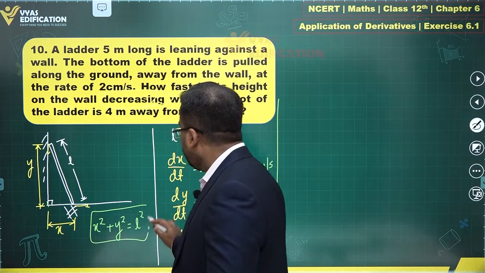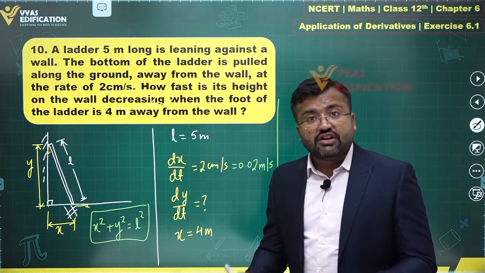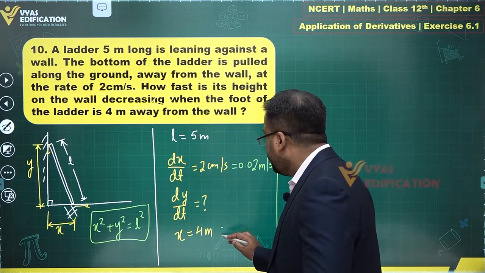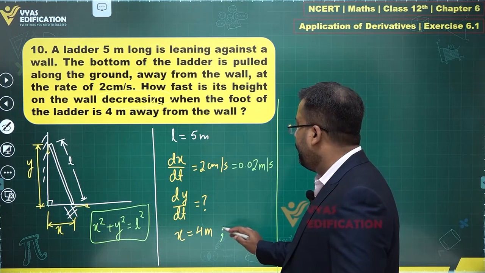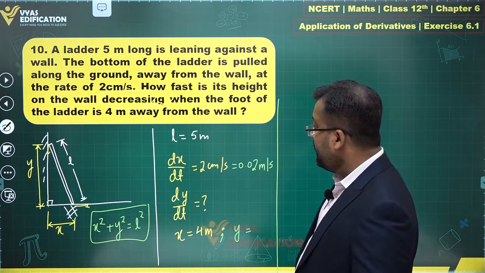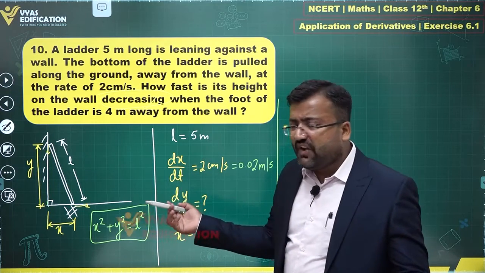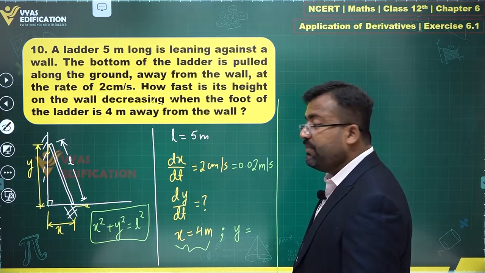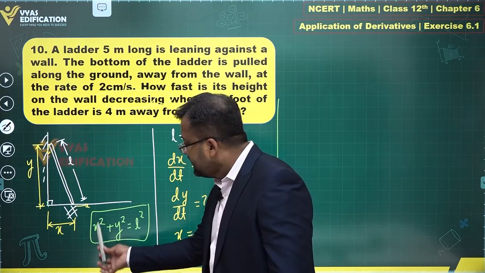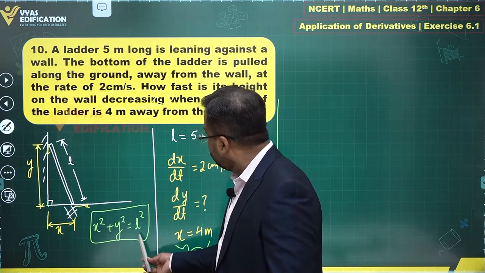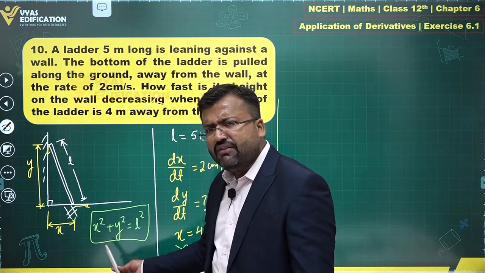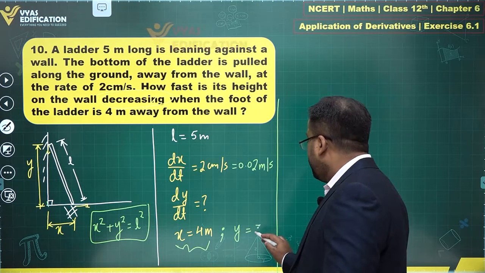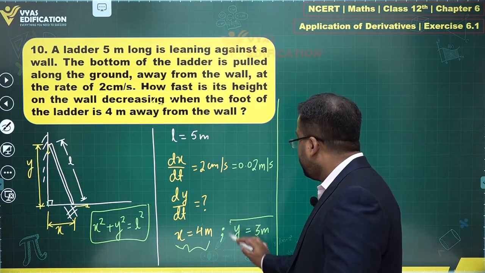Oh, this is the Pythagoras theorem. Yes, this is the Pythagoras theorem. With the help of this, I also know what y will be. L is always 5, and when x is 4 meter, 4 square is 16, y square is not known, this is 5 square, and you can very well guess that these are Pythagorean triplets, 3, 4, 5. This will be 3 square, so therefore y will be 3 meter.